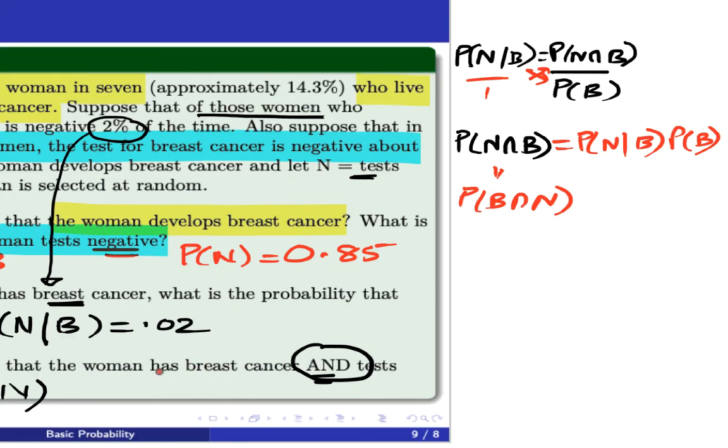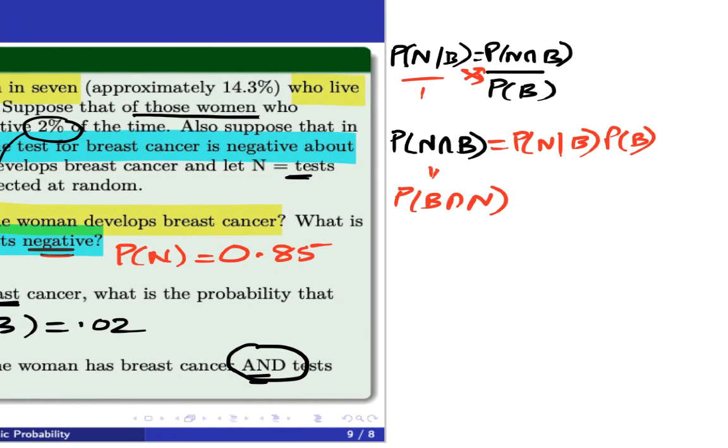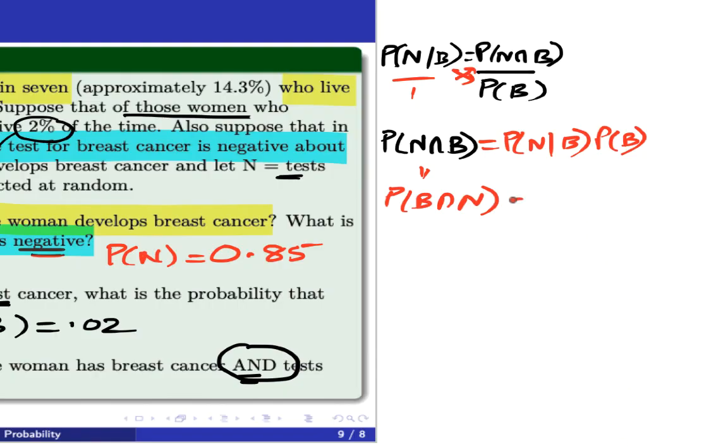So remember, the woman has breast cancer. What is it? 0.143. If you remember that here, 0.143. So when you write this one, solving this, now probability of having breast cancer is 0.143 and N given B is 0.02. When we do the multiplication, we have 0.0029.